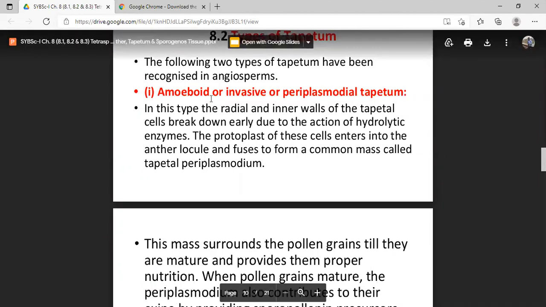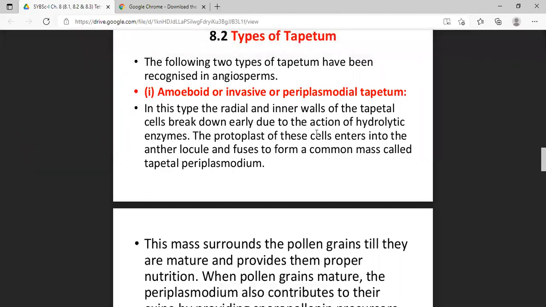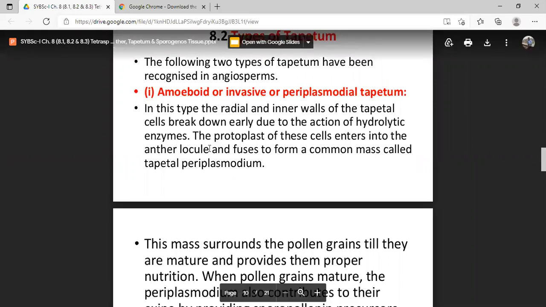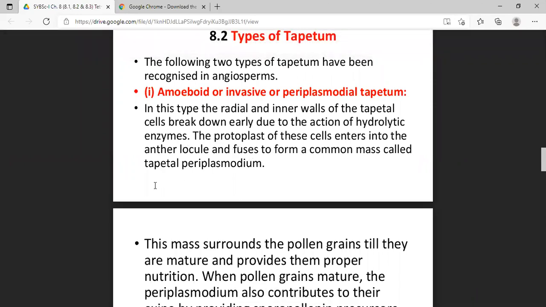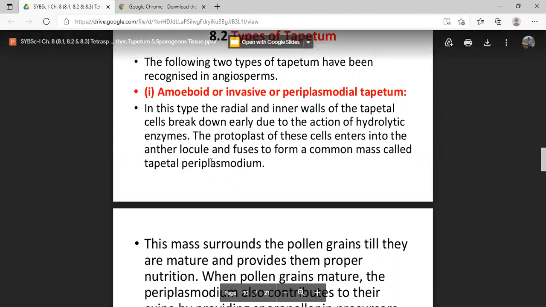Okay, so if you see this one, in this type the radial and inner walls of the tapetal cells break down early due to hydrolytic enzymes. The protoplasts of these cells enter into the anther locule and fuse to form a mass that is called the tapetal periplasmodium.